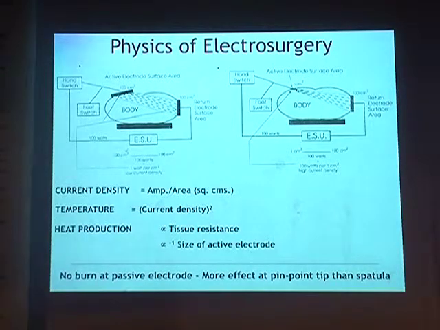The active electrode in our hands, which we apply on the patient, has the maximum current density because of the small surface area and the energy. The same electricity comes back to the generator through a passive plate, the patient plate, without any problem because of the larger area and lower current density. So we should always keep this current density in mind.